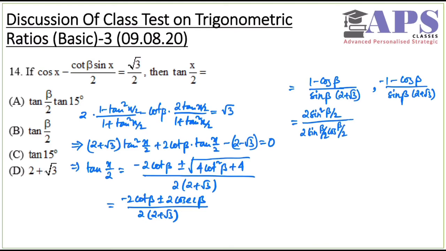And 2 plus root 3 is 2 minus root 3 by 1, which is giving us tan beta by 2 into tan 15 degree. It should be known to you that this value is nothing but tan 15 degree, which is matching with option A. And if you would have taken the second part of the solution, you would have got something else which is not relevant with the option here.